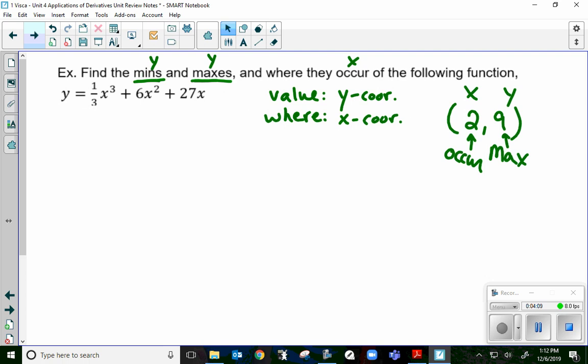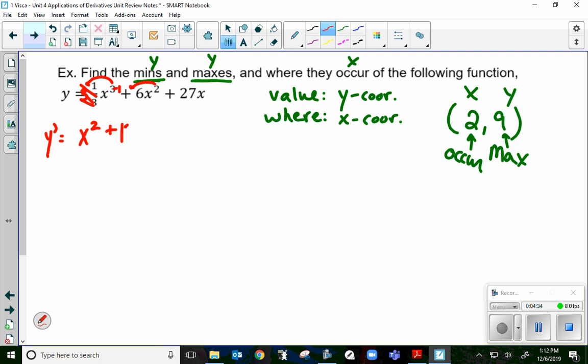So based on our knowledge here, we know we need to find the critical points. We need to find where the first derivative is equal to 0. Power rule: 3 times 1/3, well, that cancels, and then I subtract 1, so I end up with x squared. 2 times 6 is 12, and I subtract 1 from my 2, it becomes x to the 1.